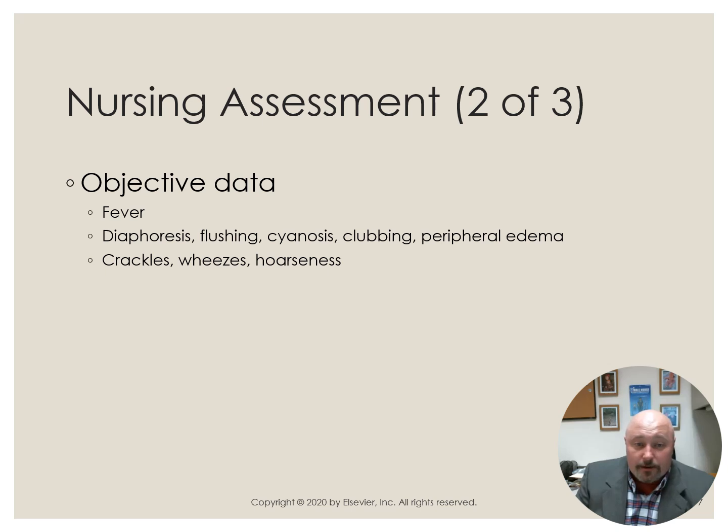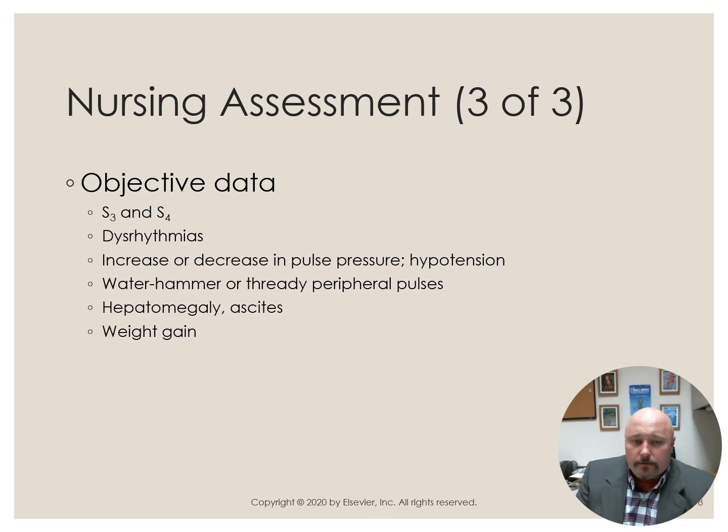Other objective data would be fever, diaphoresis, flushing, cyanosis, clubbing, peripheral edema, or respiratory manifestations such as crackles, wheezes, or hoarseness. Our objective data would be those adventitious heart sounds such as an S3 or an S4. Also things like dysrhythmias, an increase or decrease in pulse pressure, hypotension, a water hammer or thready peripheral pulses, hepatomegaly, ascites, or weight gain.